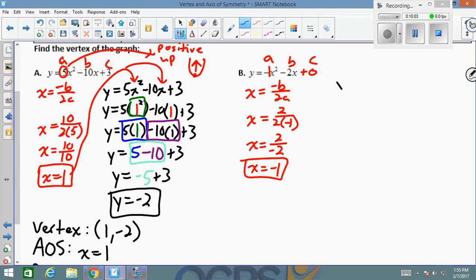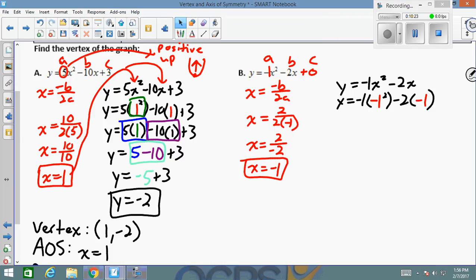Now to get the y value of that vertex, every time we see an x, we're going to replace it with negative 1. Okay? Always do our exponent first. Negative 1 squared is 1.